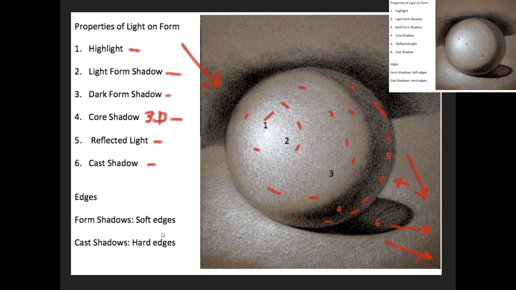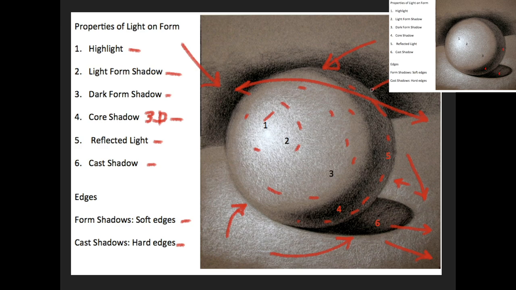But with form shadows, notice everything across this ball is softer transitions, right? And everything in terms of the cast shadow is a much crisper, harder edge, as well as the molecular boundary of any object, whether it's a ball or it's a human breast or it's a hand or a finger, toe, whatnot.